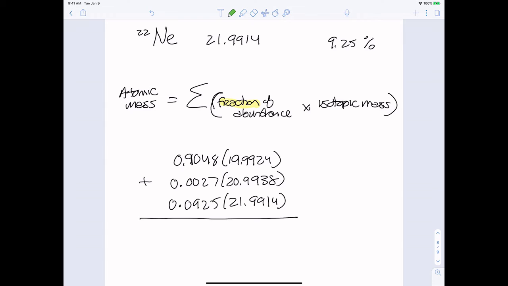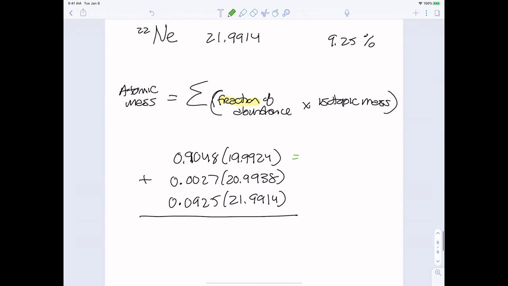So I just grabbed my calculator. I'm going to do this with you. So I'm typing it into my calculator right now. So 19.9924 multiplied by 0.9048. And when I do that, I'm getting 18.09.